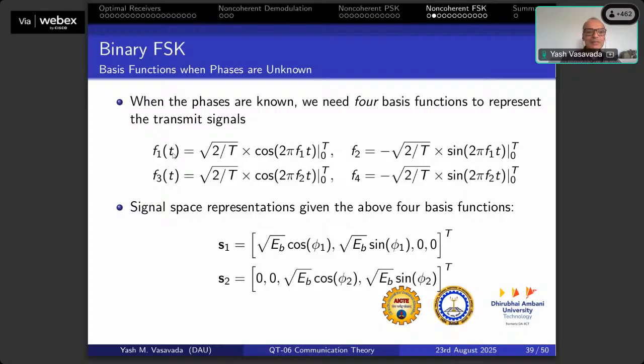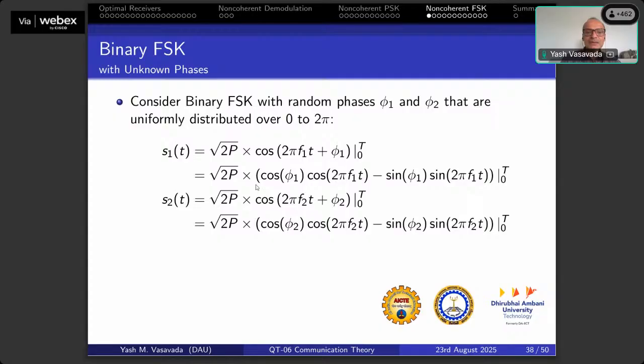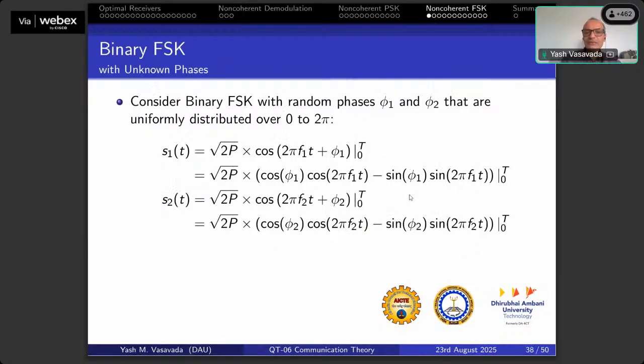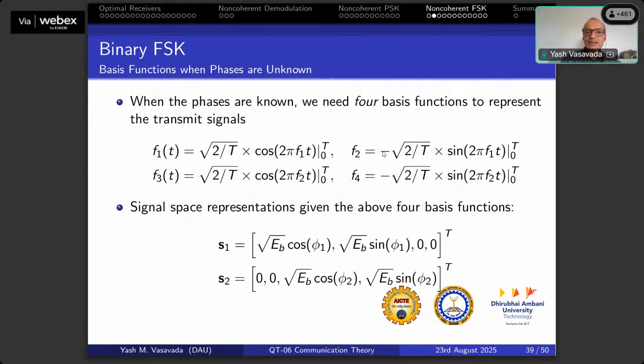What are the multipliers of f1 and f2? They are given by square root of EB cosine of phi1, this term, and square root of EB sine of phi1, which is this term. The minus sign is already part of f2.